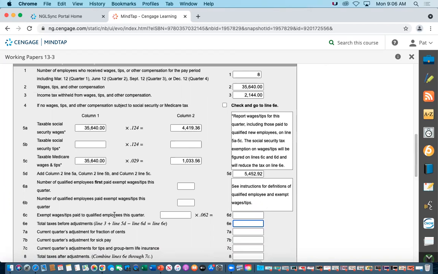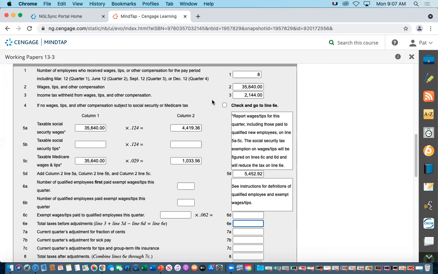Then it says 5D plus 5,452.92. And then minus 6D, but we don't have any exemptions. Tells us we don't have any exemptions here. Okay, so ours is just line 3 plus line 5D.